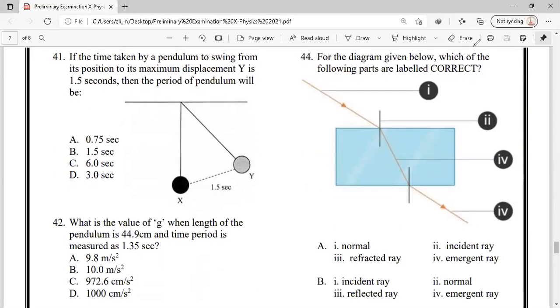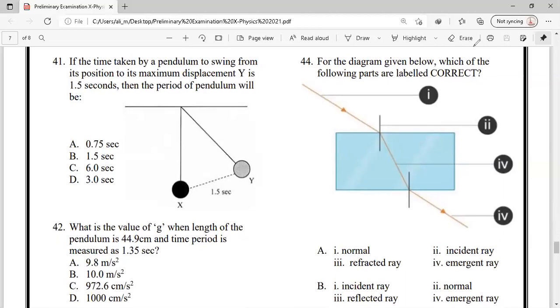We have question number 41. The time taken by a pendulum to swing from its mean position to extreme position is 1.5 seconds. We have to find the time period of this simple pendulum. Let's say this pendulum starts at position A. It moves to the mean position and takes 1.5 seconds.